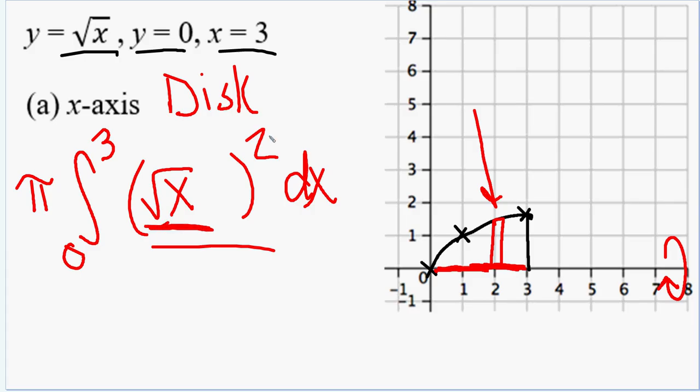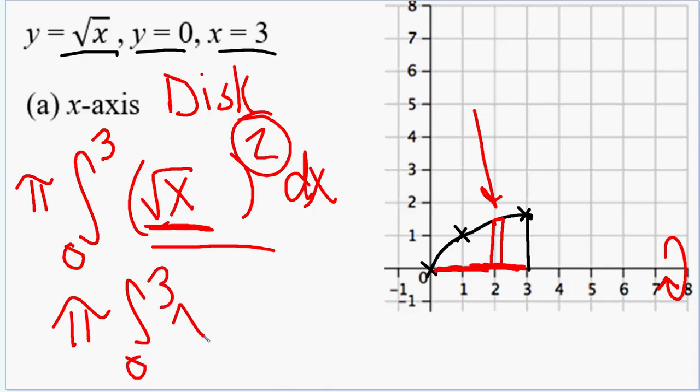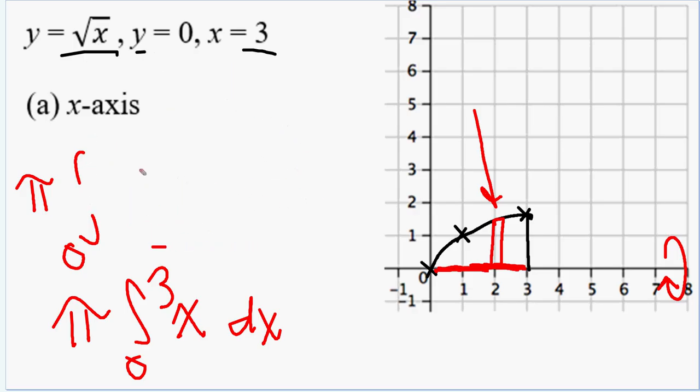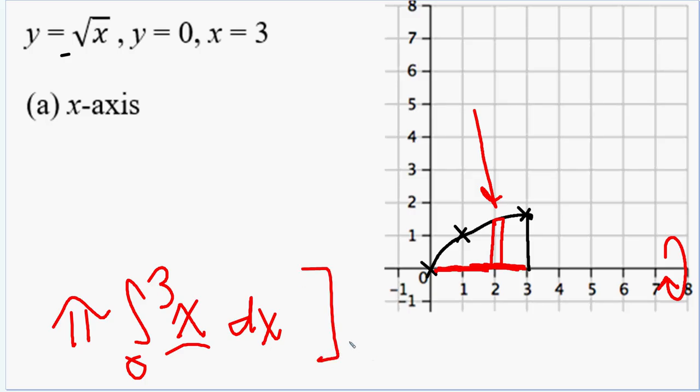The root of x, quantity squared, that's just going to make the radical disappear. All right, and we don't have to solve this all the way. The point of the video is just to show you the setup and figure out what method is at use here. So I hope on your own you could antiderive that to x squared over 2 and then evaluate it from 0 to 3 and multiply by pi at the end.